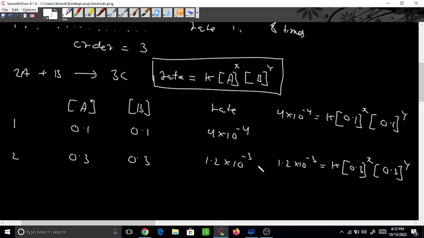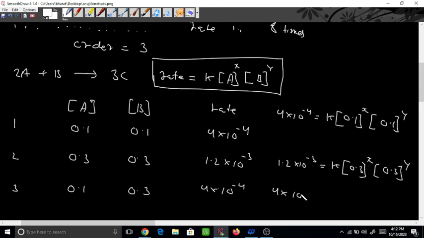Is this okay? Understood. Again third part, we have concentration of A is given 0.1, then again concentration of B is given 0.3, then rate is given 4 into 10 to the power minus 4. So how will you write rate expression?